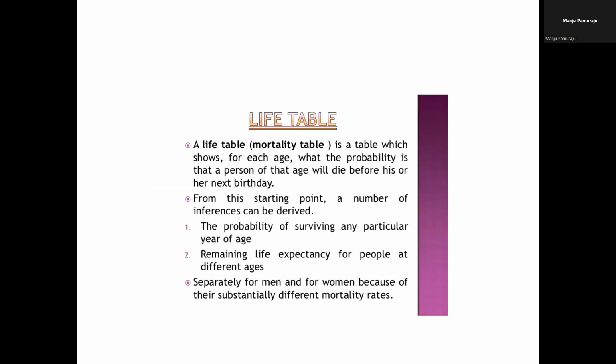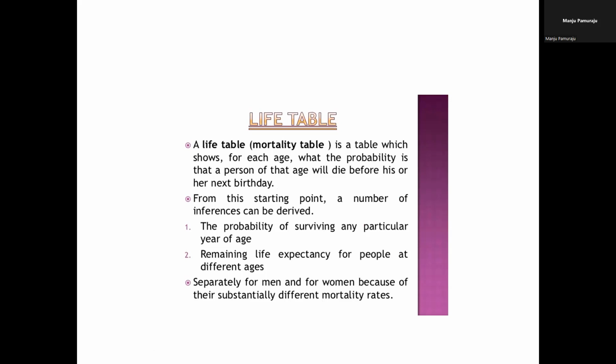So next one is the life table. A life table, that is a mortality table, is a table which shows, for each age, the probability that a person of that age will die before his or her next birthday. Earlier, life tables went up to 100 plus, but now it falls to 65 to 70.